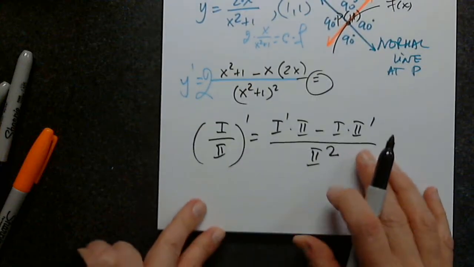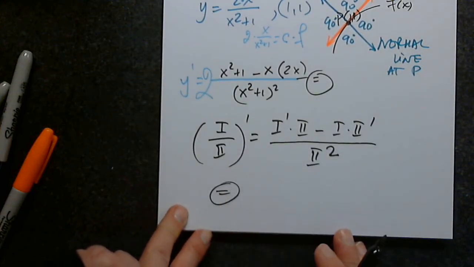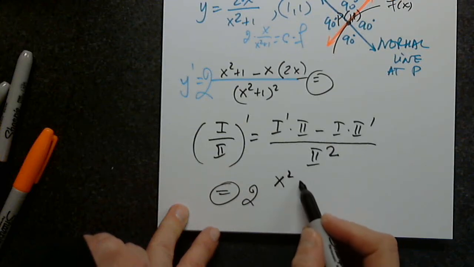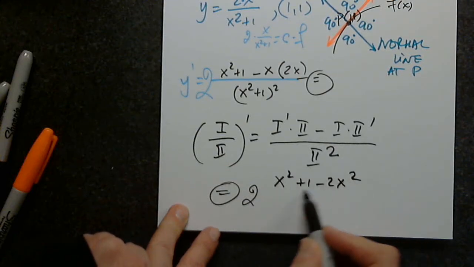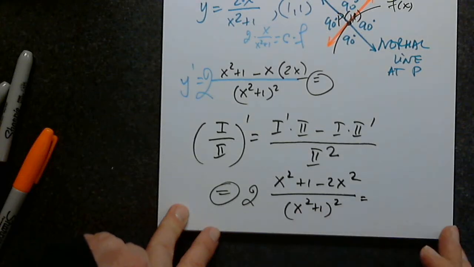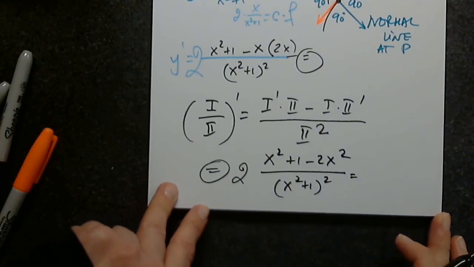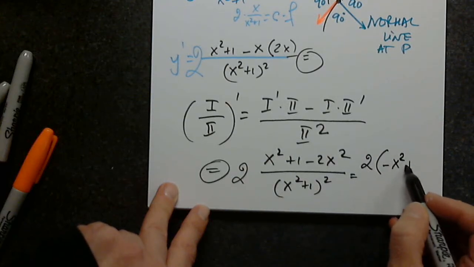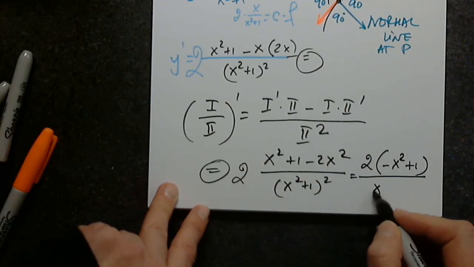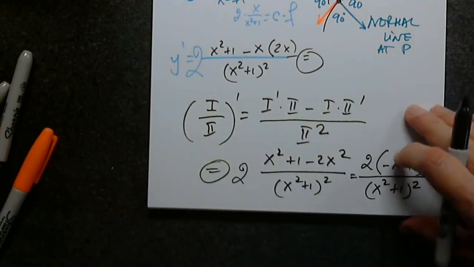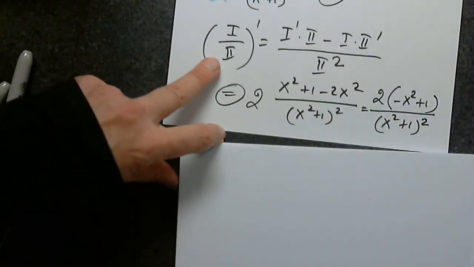So from here, I'm going to continue here because I know I'm going to run out of room. So 2 is patiently waiting. x squared plus 1 minus 2x squared, over x squared plus 1 squared. So 2 times the quantity negative x squared plus 1, over x squared plus 1 squared. And by now you know me, I'm not going to leave that negative leading coefficient in there.